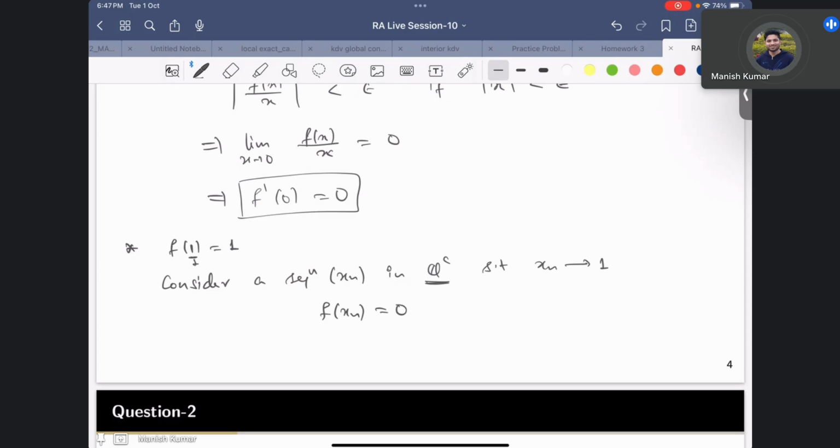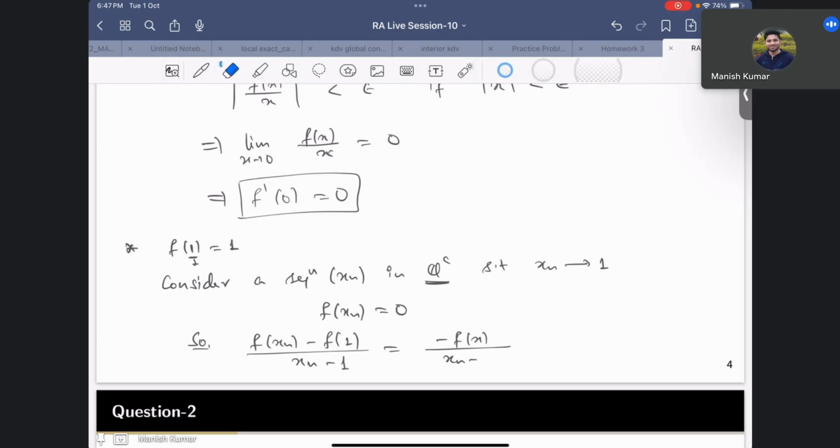So f of xn minus f of 1 upon xn minus 1, if I do that, then this is going to be minus of f of 1, sorry, I am talking about the derivative at 1. So this is xn minus 1 in the denominator, and f of 1 is nothing but 1, correct? So this is what I am getting.